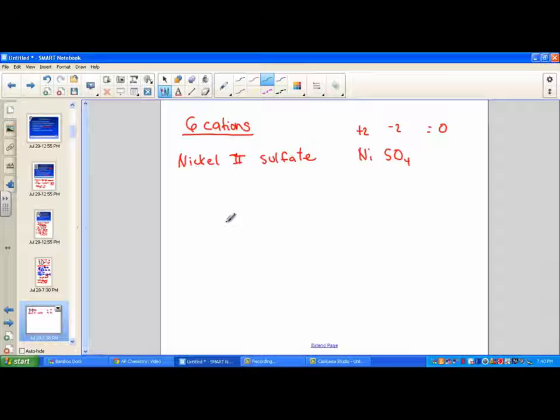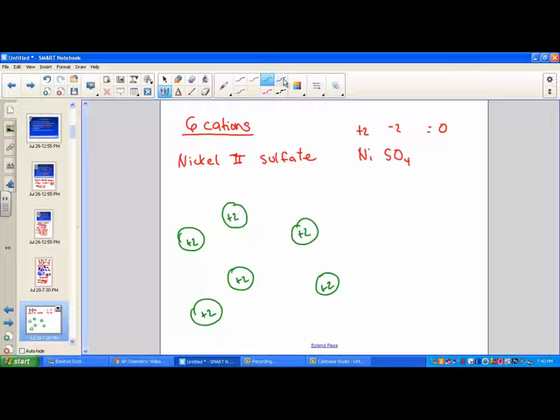I'll use green to represent the nickel. And I'll just put that as a +2, 2, 3, I'm just randomly placing them, 4, 5, 6. 6 units of a +2. I'll use blue to represent the negative ions, and they're just going to be separated.